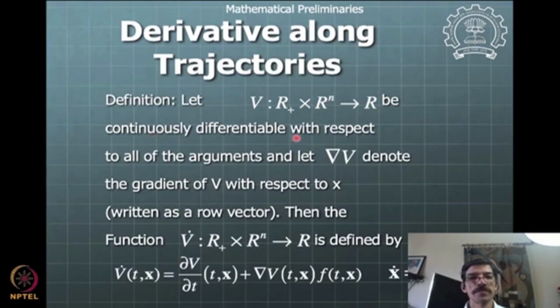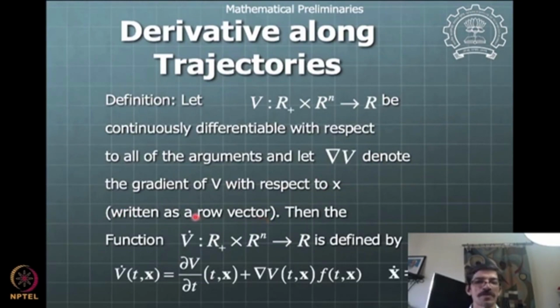It's continuously differentiable with respect to all arguments. This is one necessary condition, that it should be continuously differentiable with respect to all arguments, and del V denotes its gradient with respect to x. This is written as a row vector.